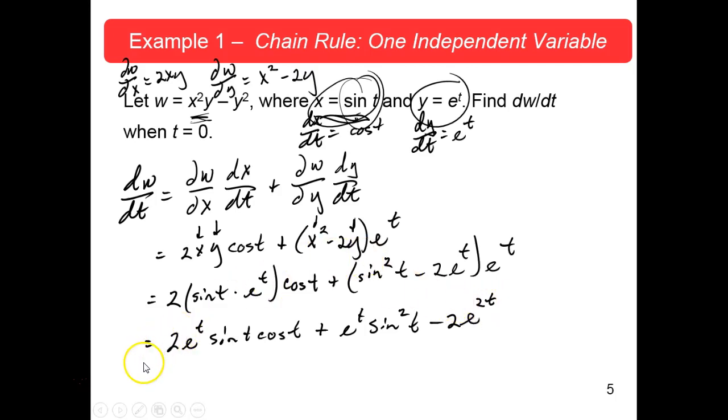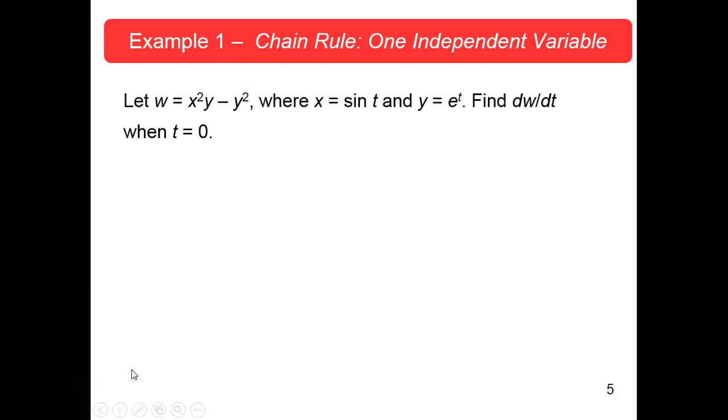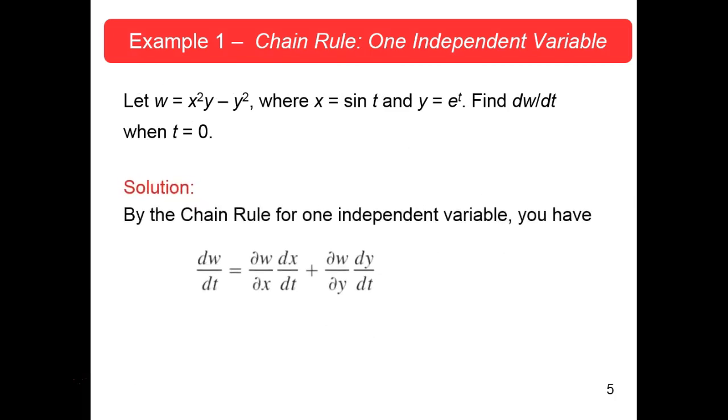Now let me clear this if it's okay, because we're going to show how they did it, and we're running out of time. By the chain rule for one independent variable, here's what we have, just like you said. dw dt is curly dw, curly dx, dx dt plus curly dw, curly dy, dy dt.